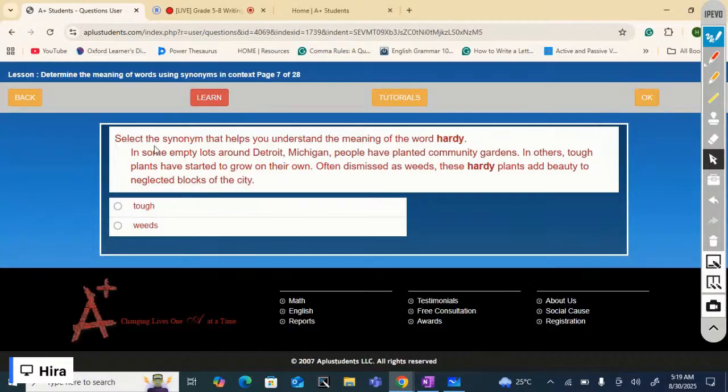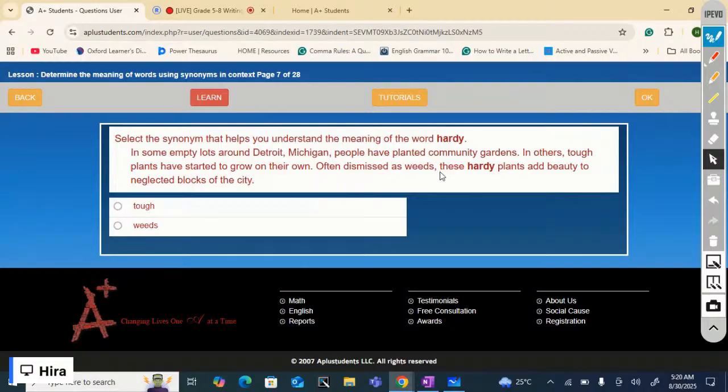Now another passage. Select the synonym that helps you understand the meaning of the word hardy. Well, let's read the passage first. In some empty lots around Detroit, Michigan, people have planted community gardens. In others, tough plants have started to grow on their own.